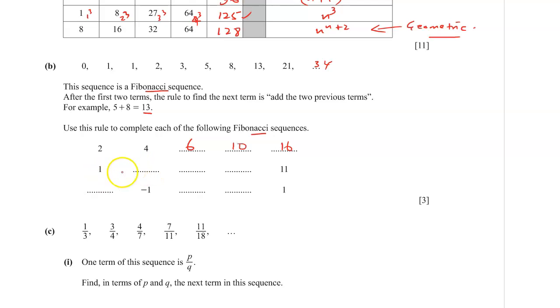So 11, you add let's say 7 and 4, and therefore this should be 3. 1 plus 3, 4. 3 plus 4, 7. 4 plus 7, 11. And this is 2. 2 plus minus 1, get 1. 1 plus 0, 1 plus minus 1, you get 0. And 1 plus 0, you get 1. Very good.